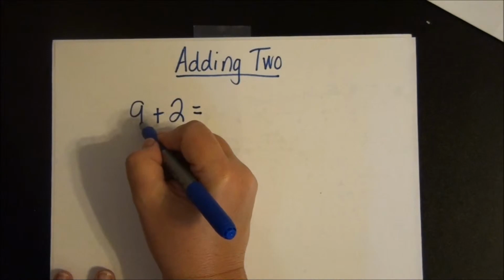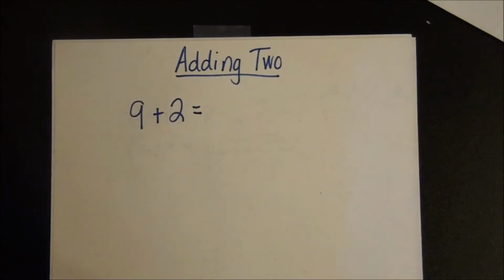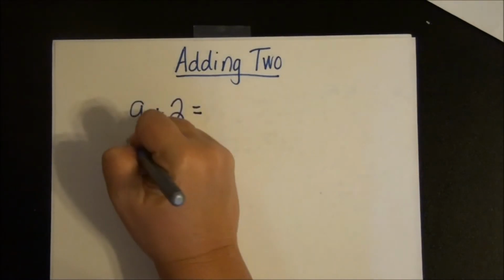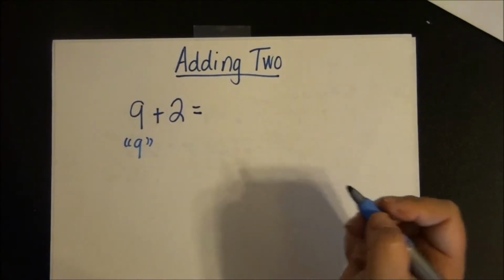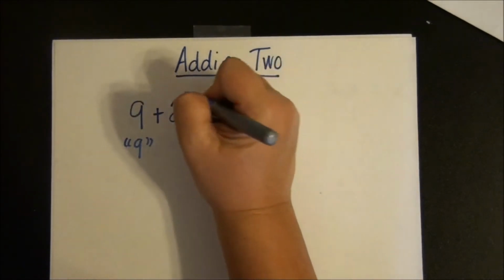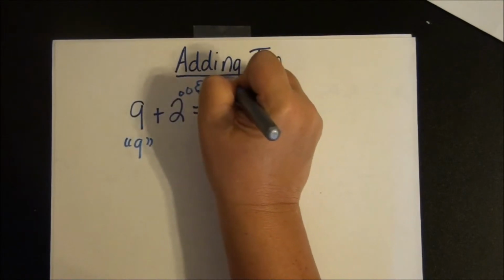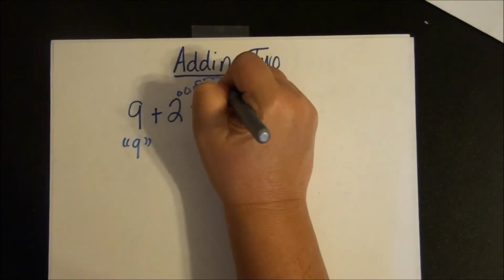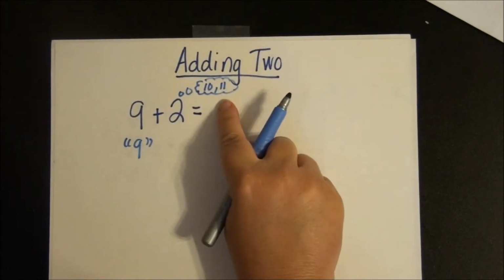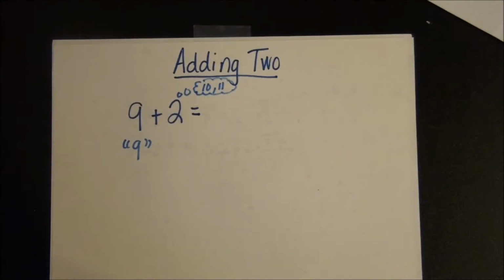I'm going to say this number right here. So let me go ahead and switch colors. So I'm going to say 9. Hopefully it shows up differently. And then I'm going to think what the next 2 numbers are on the number line after 9. So I think to myself, 10, 11. So I know that the answer is 11.